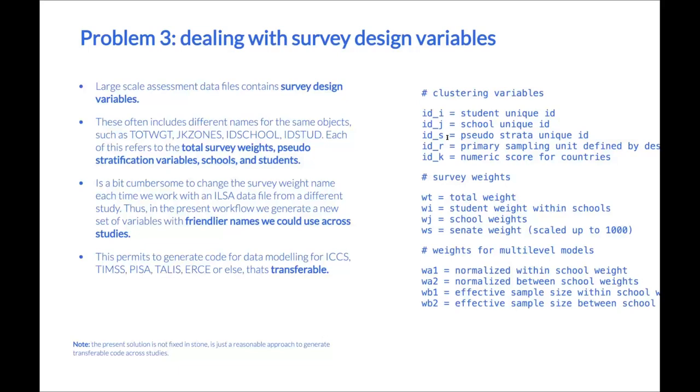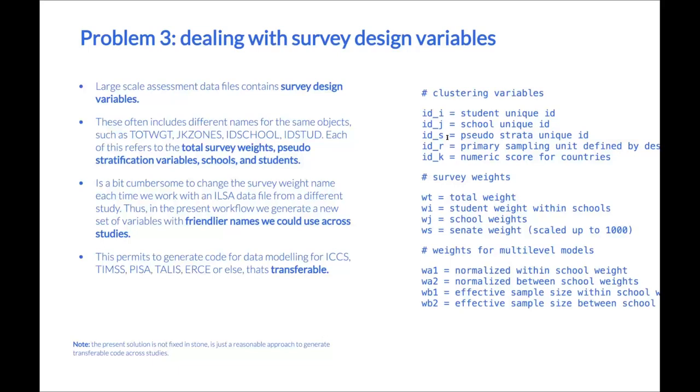For example, a student is within a classroom, that classroom is within a school, and that school is within a stratum. And because most of the IEA studies use jackknife, apart from clustering variables, they have a replicate unit or a primary sampling unit.